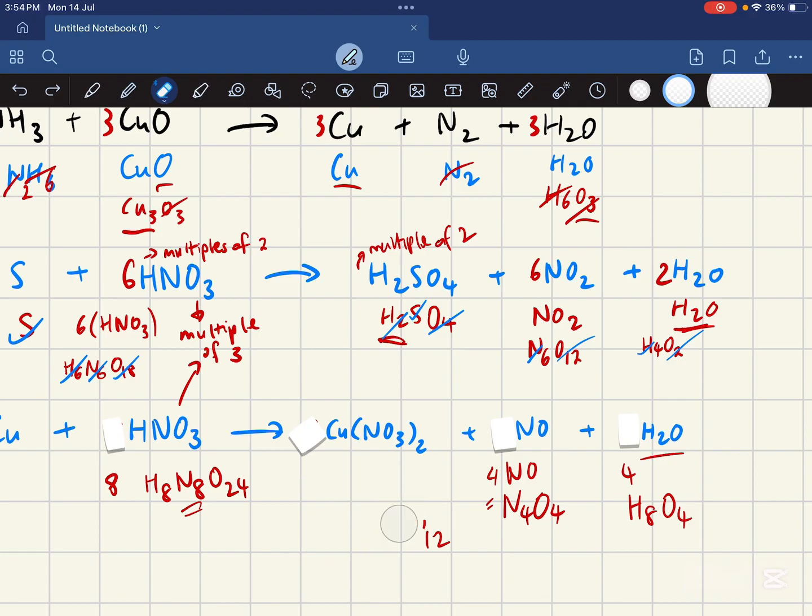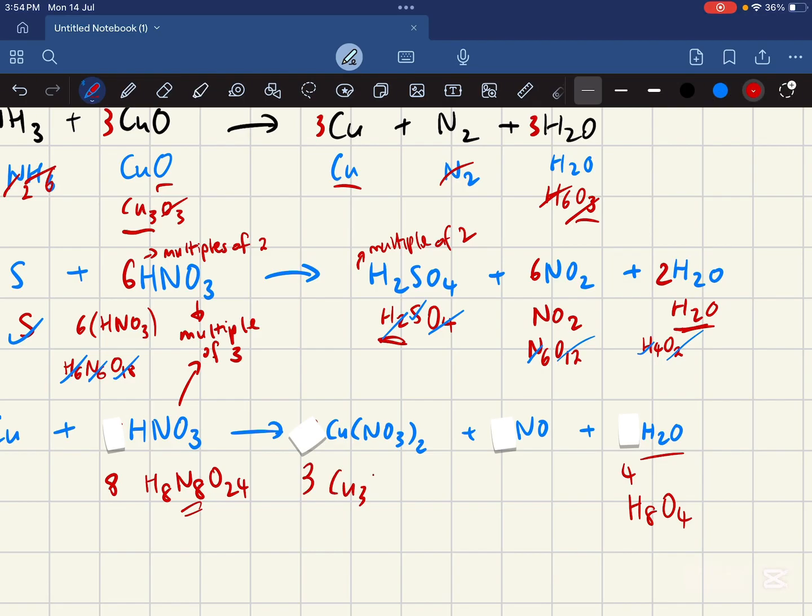So instead of that, we are going to multiply this by 3. So we see 3 and 6 and O12. Not 12, 18. There you go. And then here we'll multiply by 2.